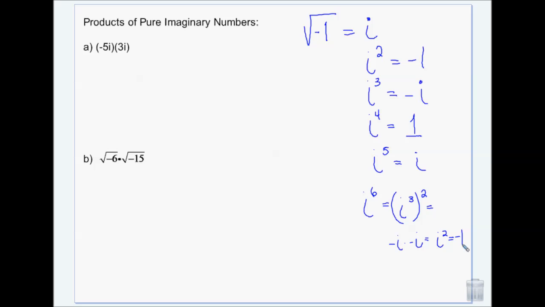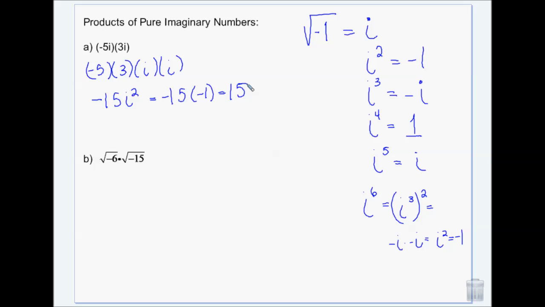So what we can do then is use the fact that i squared is negative 1. We can multiply the 5 and the 3, and then I have i times i. So basically this is negative 15 i squared, except i squared is negative 1, so this is positive 15.